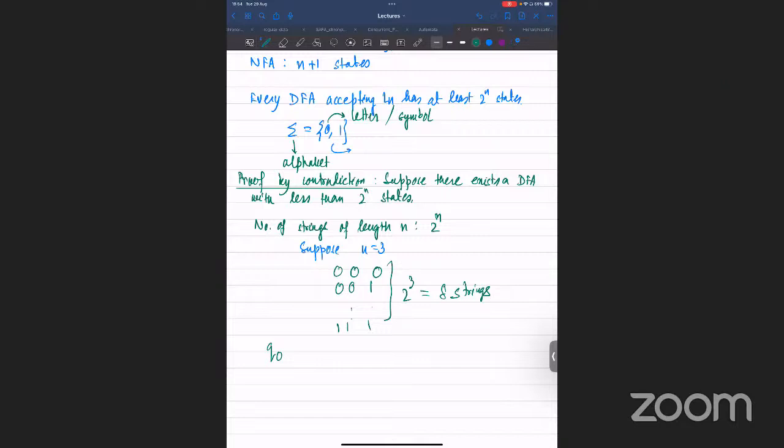So there can be some W1 and W2, such that length of W1 equals length of W2 equals n, W1 is not equal to W2, and you reach the same state Q by pigeonhole principle.